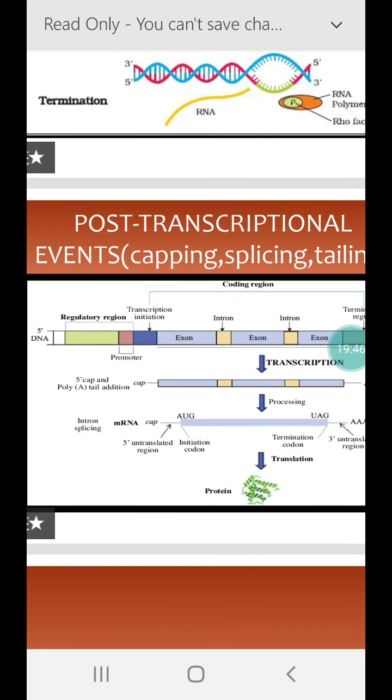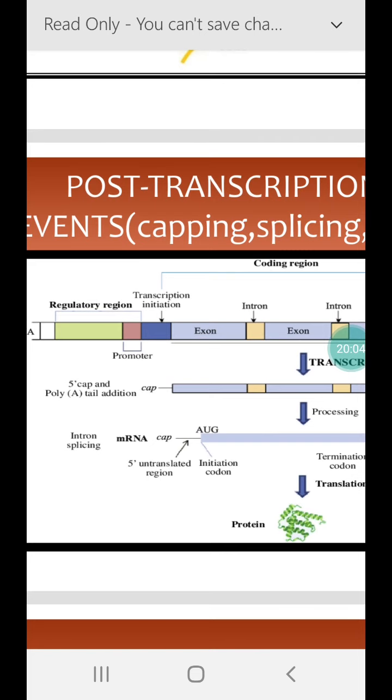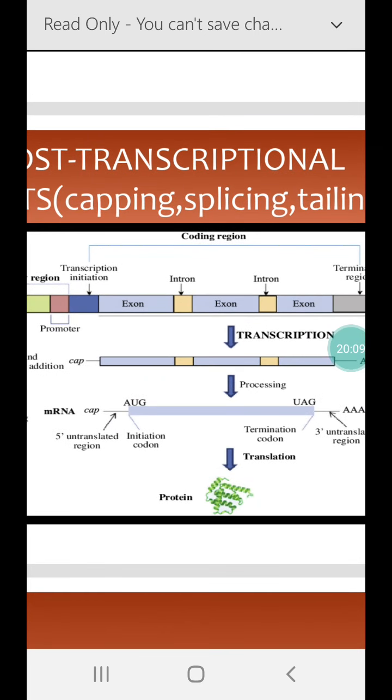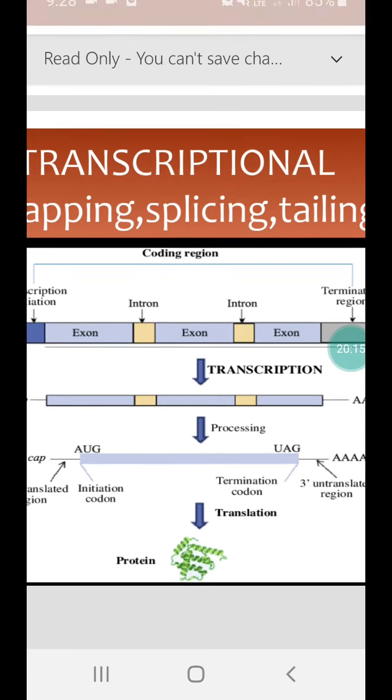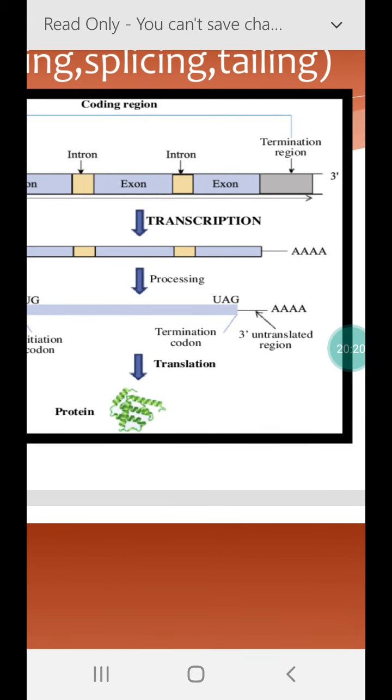Now the RNA which has undergone these post-transcriptional events, capping, splicing and tailing, is functional as mRNA. You can see the 5' capping, then the removal of introns, the yellow colored parts, and then the addition of the poly A tail at the 3' end.